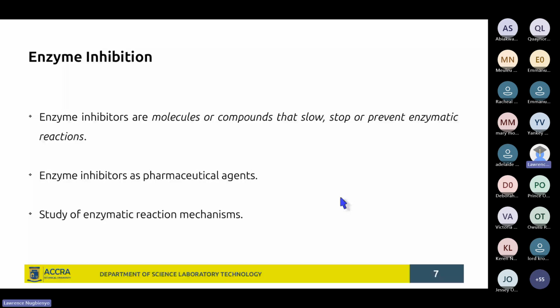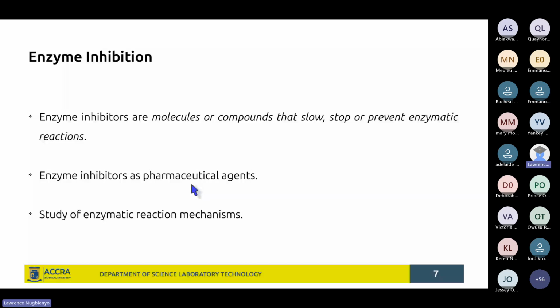Now these inhibitors mostly are applied as pharmaceutical agents, that is, to inhibit a particular reaction from occurring. Because once the reaction mechanism is known, it's known that there is an enzyme that catalyzes a particular reaction. If a substance is known to be an inhibitor of such a reaction, then that substance, the inhibitor, could be used to regulate that reaction.